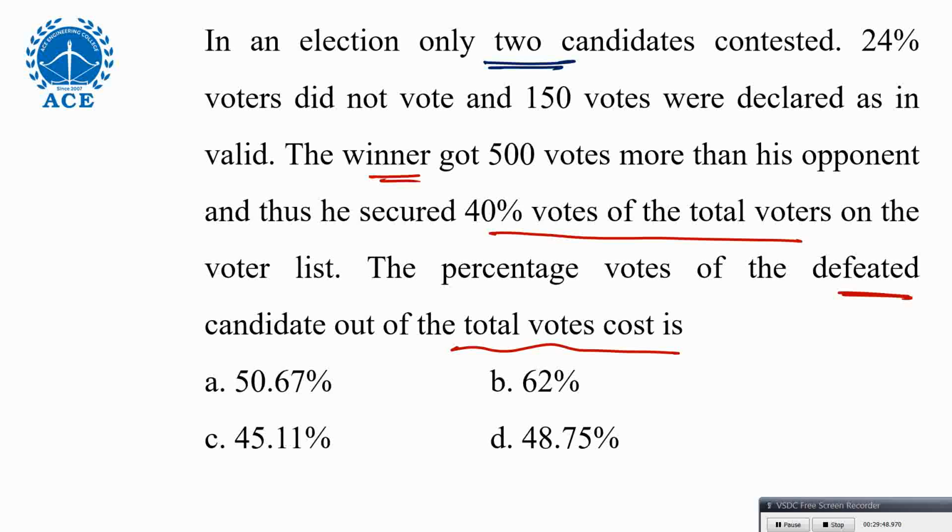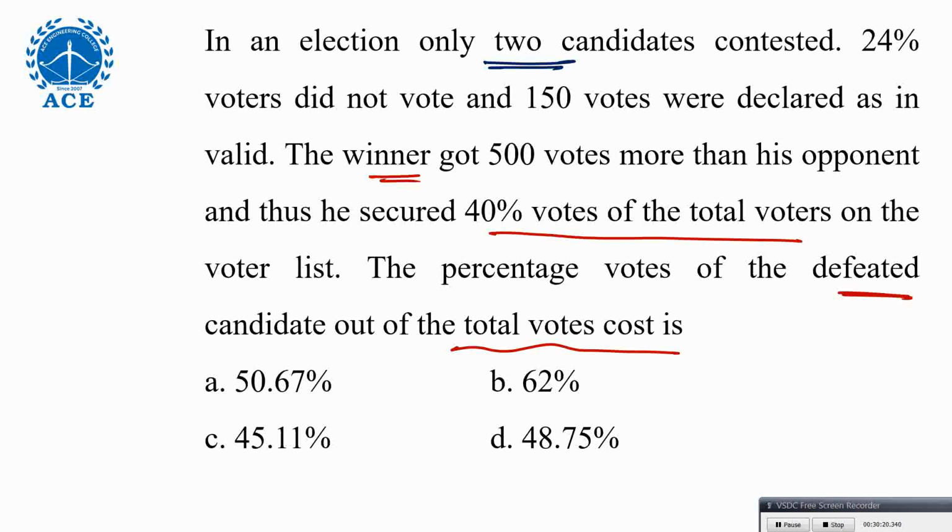Two candidates, yes, 24% did not vote, good. 150 votes are declared invalid, and the winner got 500 votes more than his opponent and he secured 40% of the total voters on the list. Good. The percentage of votes of the defeated candidate out of the total. Maybe if they had given the percentage of the defeated candidate out of the valid votes, that might be the correction they need.